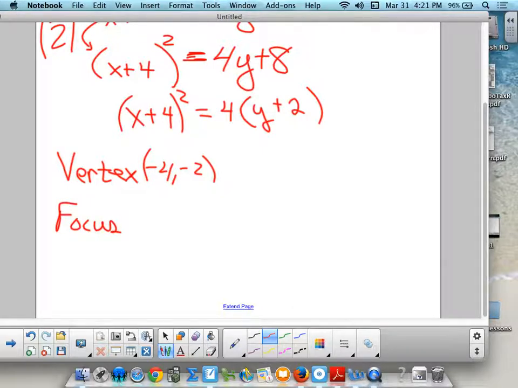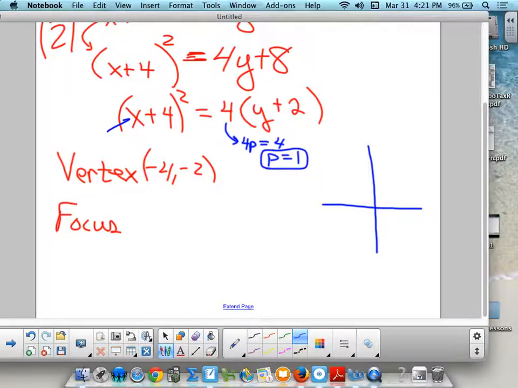The focus. Now the focus is going to be, find the p-value. This is where p came from. 4 times p equals 4, so you should know p is 1. What else should you know? This thing goes up because the p-value is 1, and it is x squared. So it does go up, and it's 1, 2, 3, 4, 1, 2. It's right here.